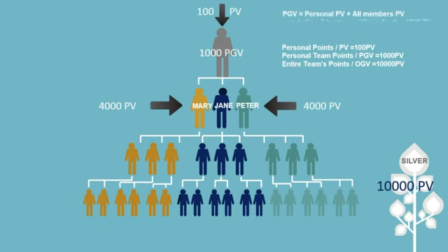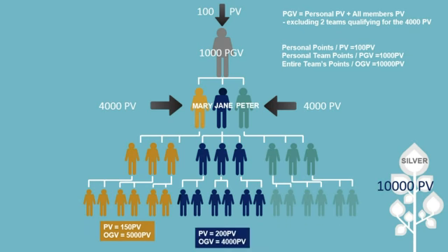PGV is your PV plus all other members' PV, excluding the 2 teams qualifying for the 4,000 PV. So, in your case, Mary's team did 5,000 PV and Jane's team did 4,000 PV. You need Peter's team and your own PV to clock 1,000 PV in order to be a silver.